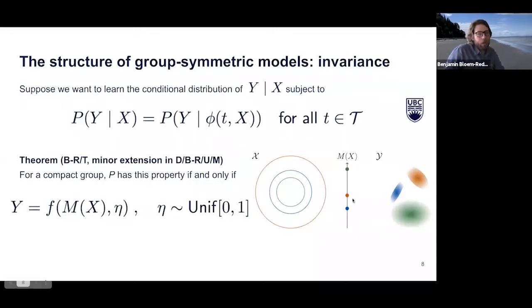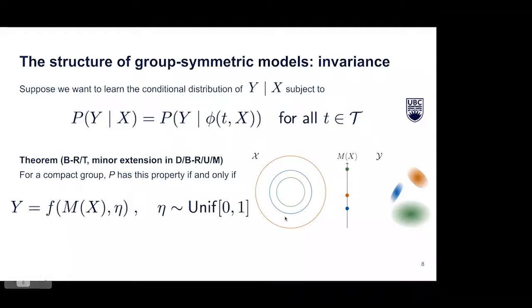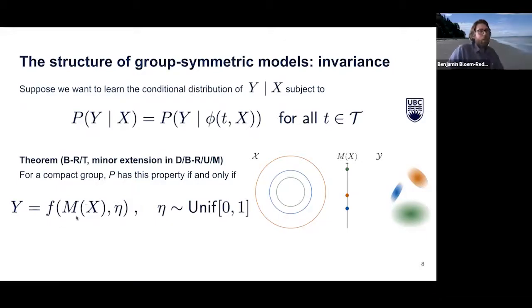Thanks. So for a lot of known groups, we actually can write down what a maximal invariant would be. In practice, if we're dealing with images, writing down a maximal invariant is not so straightforward. And it seems that what we're doing with neural networks is actually trying to learn something like a maximal invariant.